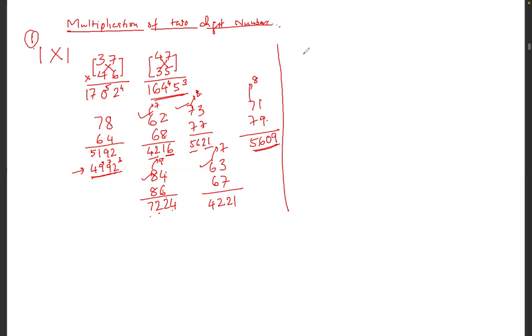Now let me tell you how to find the square of any two-digit number. Let's say it is 37 square. First go for 7 square. 7 square is how much? 49. So write 9, carry 4.